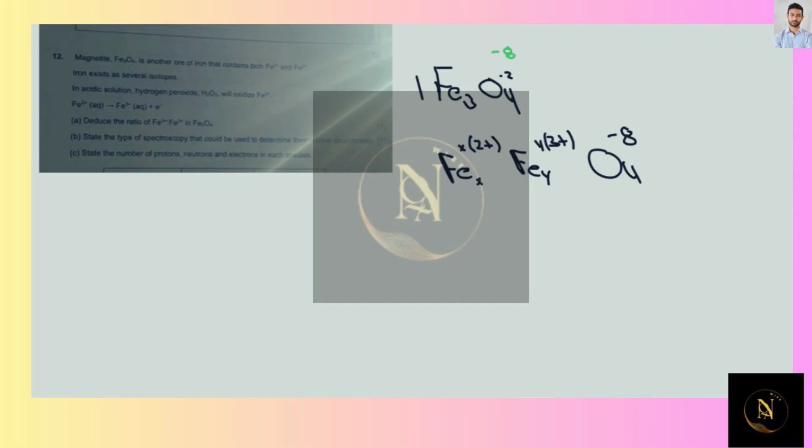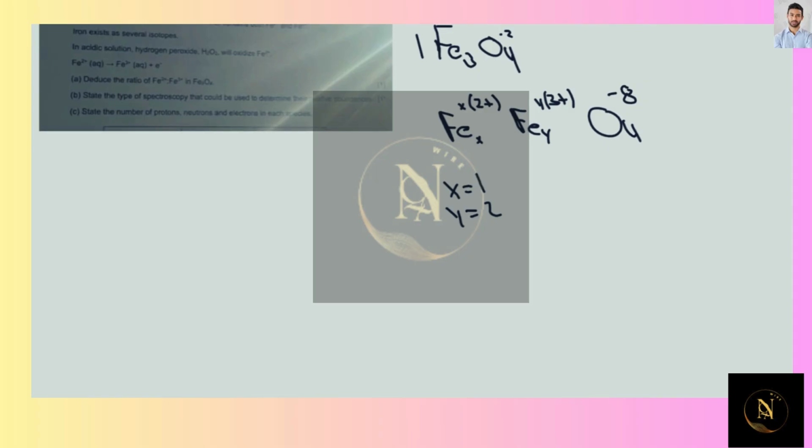So the ratio is going to be x equal to 2 and y equal to 1. Sorry, the other way around. x equal to 1 and y equal to 2. This is the only combination that is going to give us a final value equal to 0.